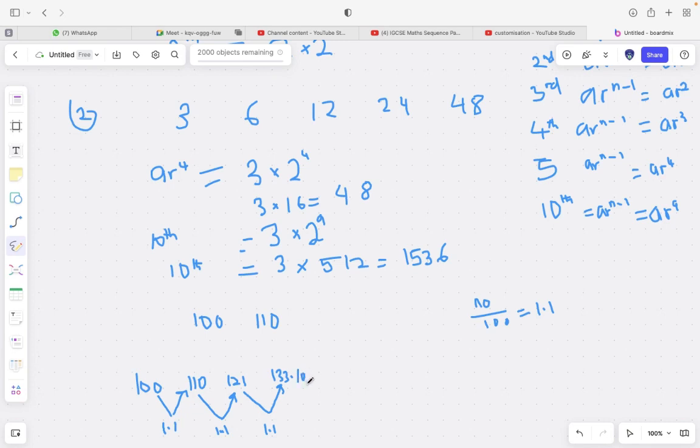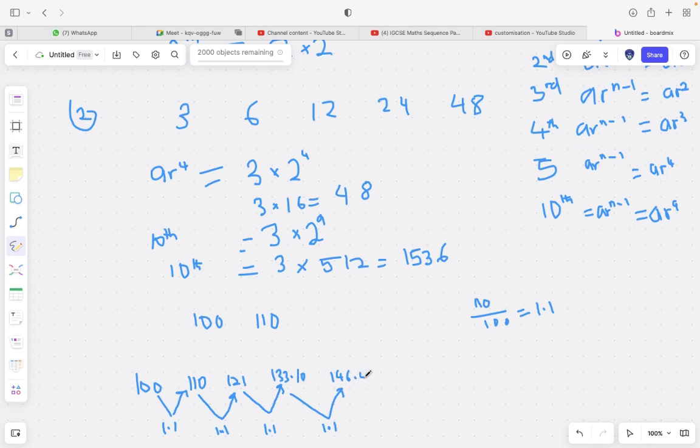This is the money we get for our fourth year. Now for the fifth year, you multiply 133.10 by your common ratio, 1.1. You get 146.41 for the fifth year.